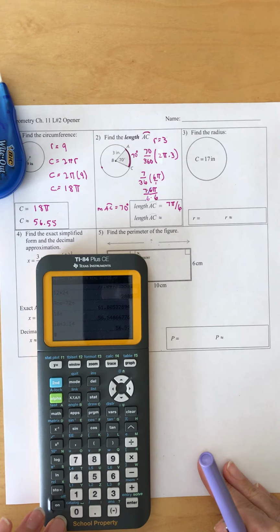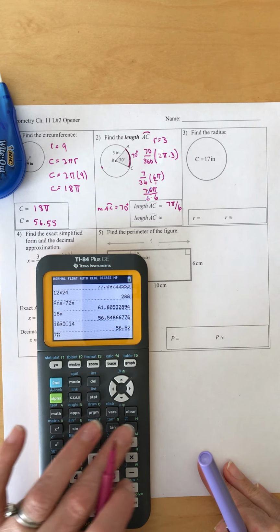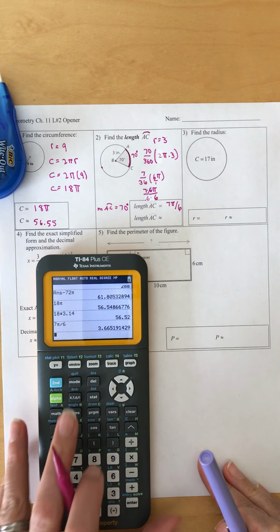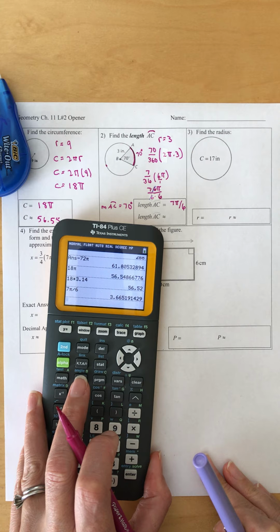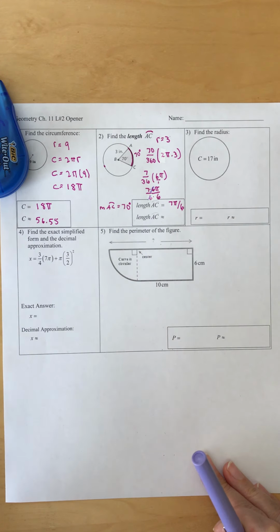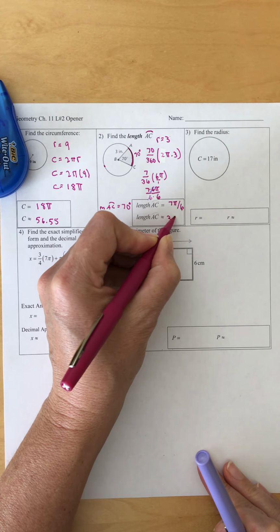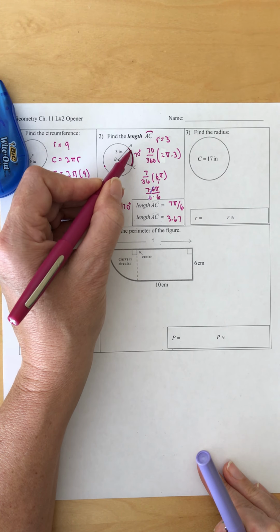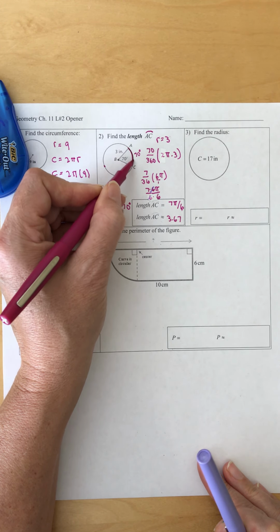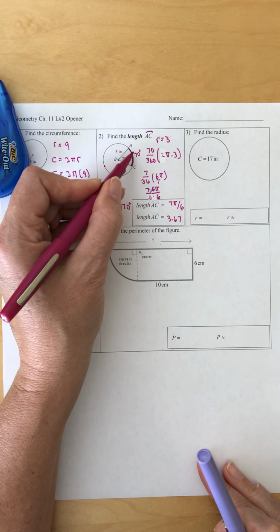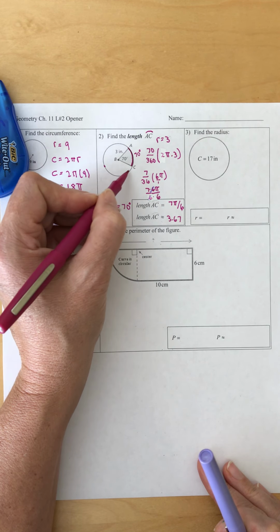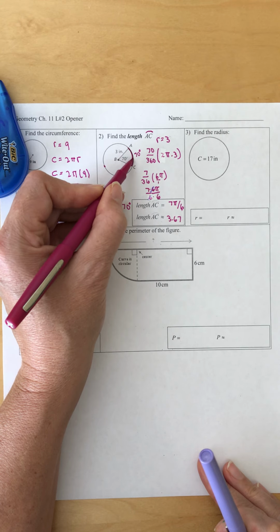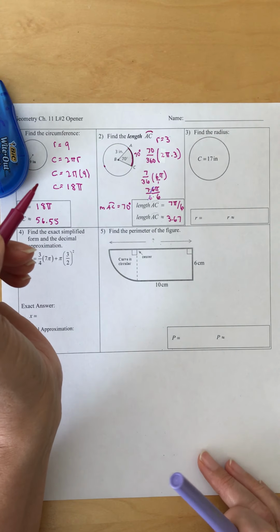And the decimal approximation for that is 3.67. So that means that this arc is 3.67 inches long. It is 70 degrees out of the 360 degrees in the whole circle, but the length of it is 3.67 inches.